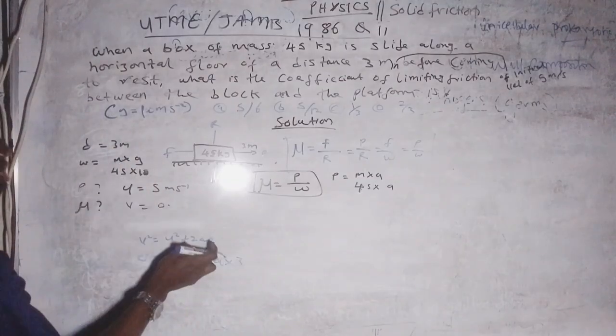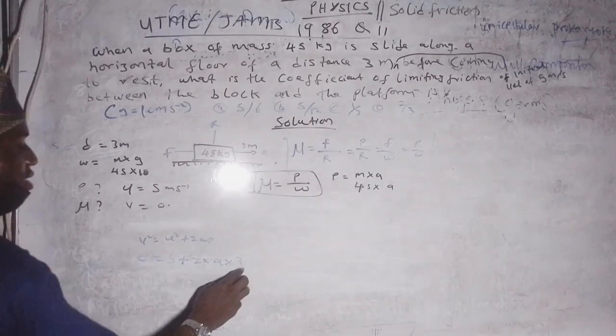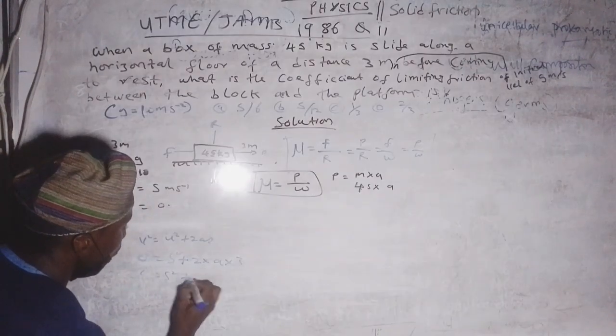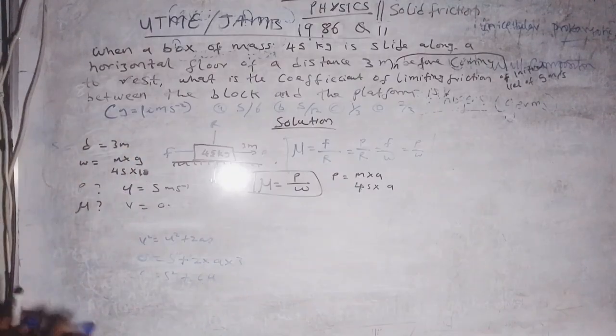Please don't forget, the distance is the same thing as s in this formula. So 2 times a times s, 2 times 3 is 6. So our 0 equals 5 squared, please don't forget the square, 5 squared plus 6a.